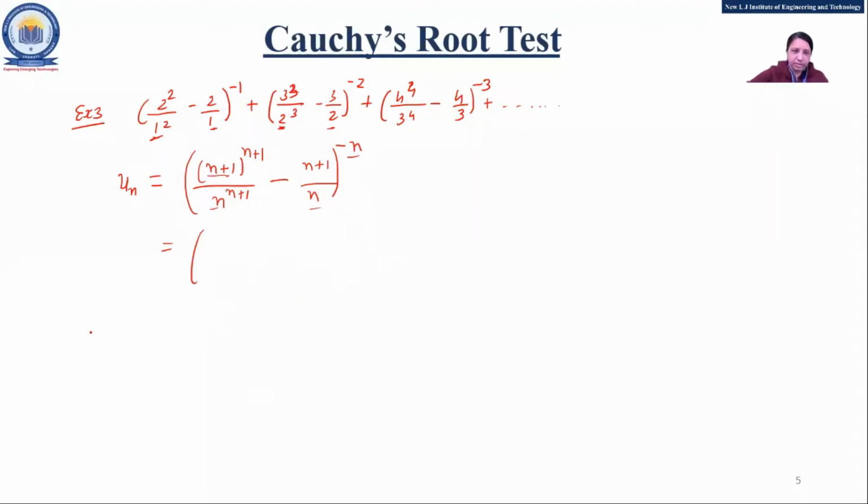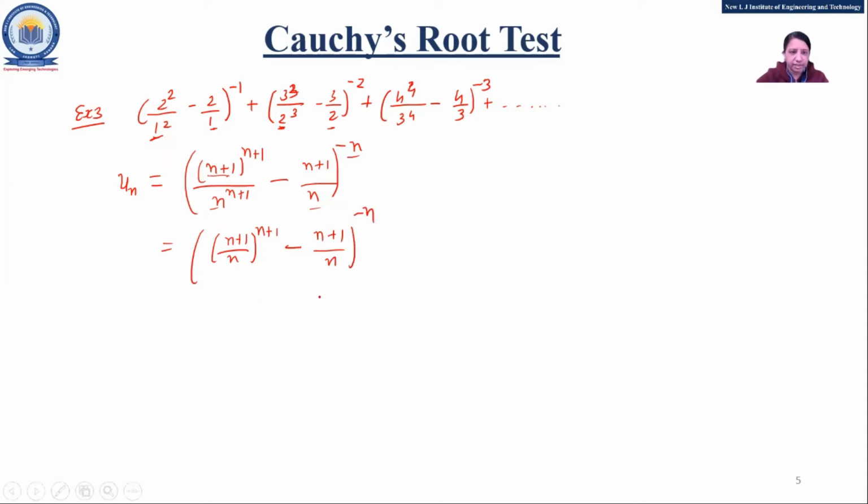Same thing here. Both have square here, here it's a cube. So we can rewrite this as n plus 1 divided by n, the whole raised to n plus 1, minus. Same way here too: n plus 1 divided by n, the whole raised to minus n.